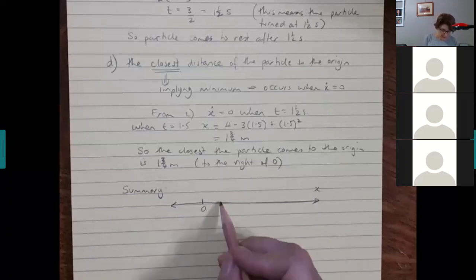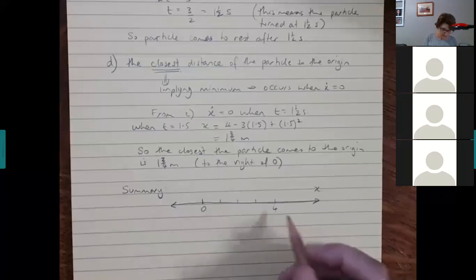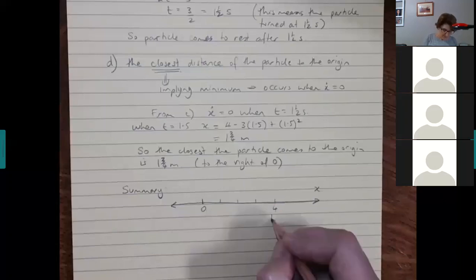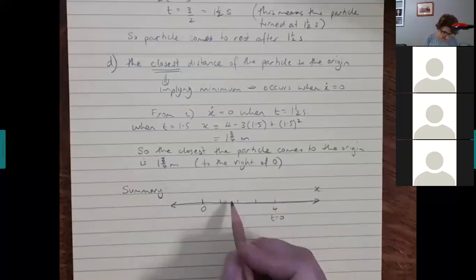So we started 1, 2, 3, 4 meters away. So that was when t equals 0. The particle then travelled as close as, if that's 1, 2, 3, there's 1.5, there's your 1 3/4.